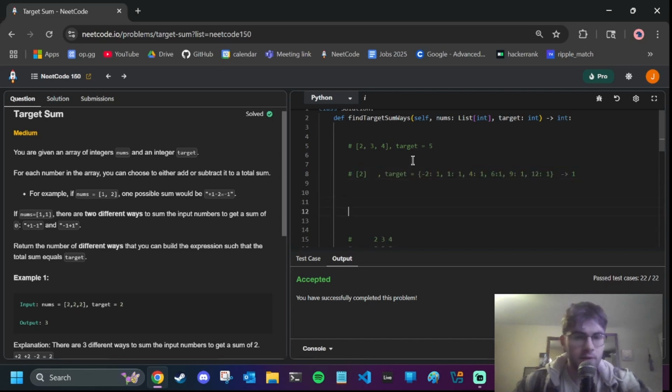The time complexity of it, so what are you doing for every step? For every step, you're scanning through this target. So what is the size of target in terms of n?